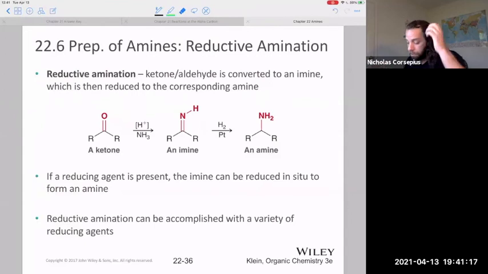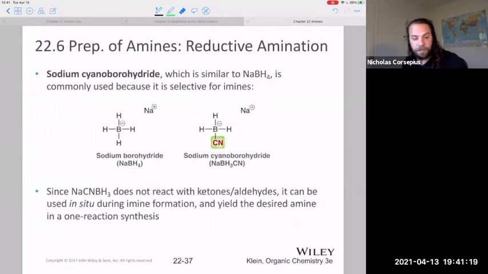The thing is, hydrogen over a palladium catalyst is kind of a pain to do. So in practice, what they actually use is sodium cyanoborohydride. Okay, so we learned about sodium borohydride as a reducing agent. It should be in the same place in your mind as lithium aluminum hydride.